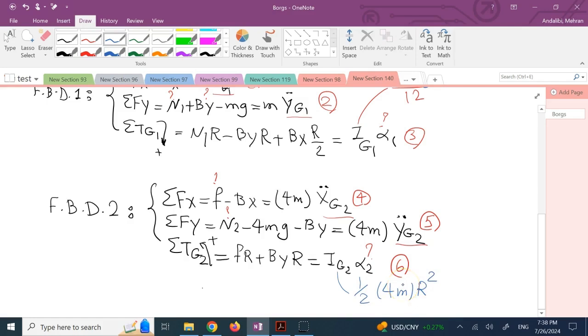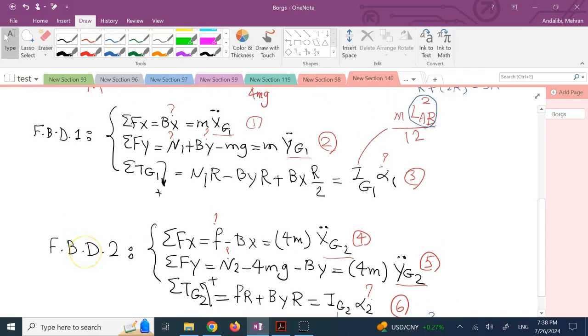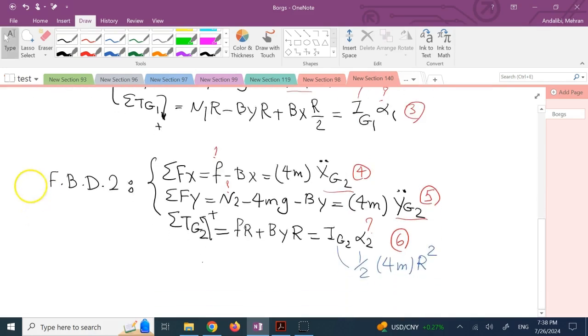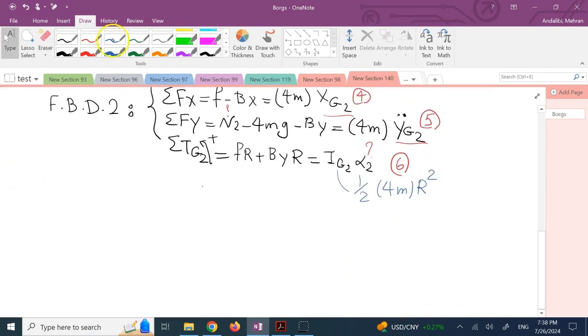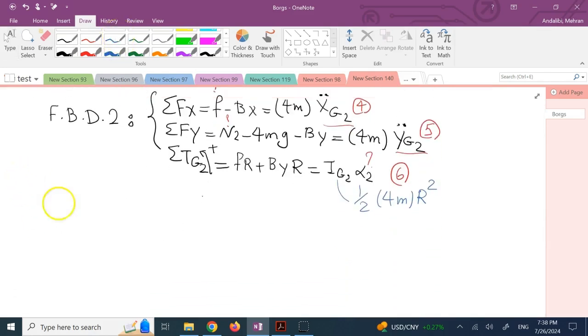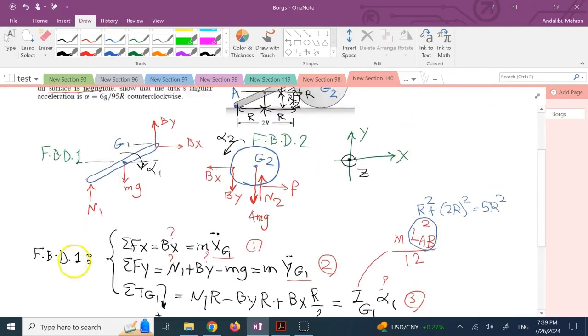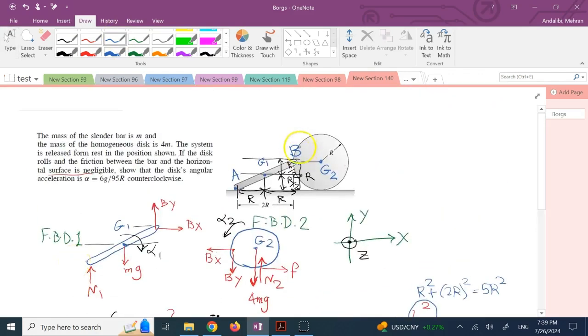So as you see, we have 7 unknowns, 6 equations, and we still have to find out these x double dot and y double dots for the centroids. So now let's go to kinematics and see what equations we can get from kinematics. In kinematics, we know that we can find acceleration of point B from G1.